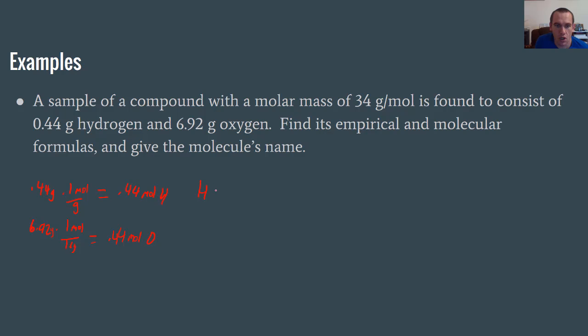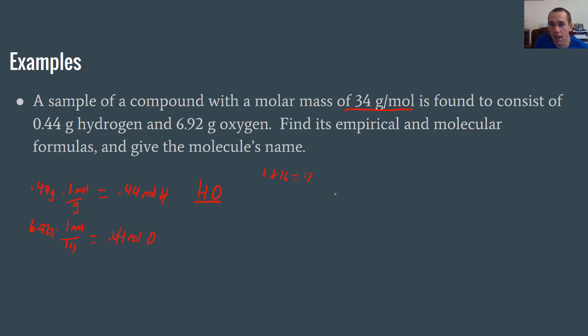HO would be our chemical formula, or at least our empirical formula for this thing. But we also know that it has a molar mass of 34 grams per mole for the compound. Well, if we look at HO, that's 1 plus 16, which is 17.